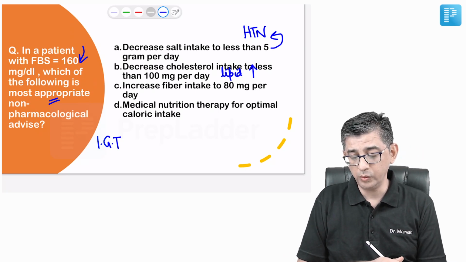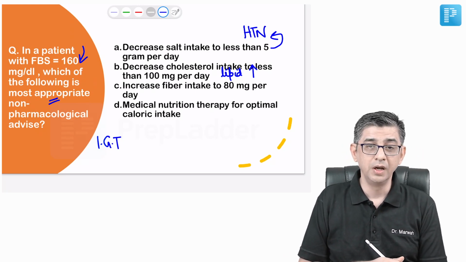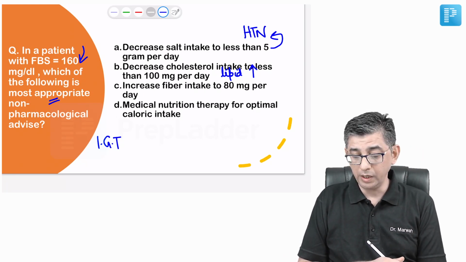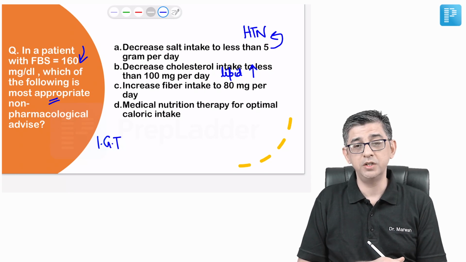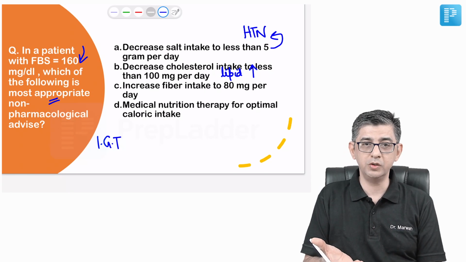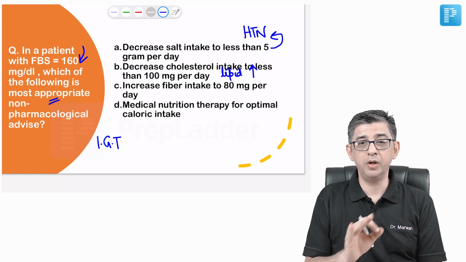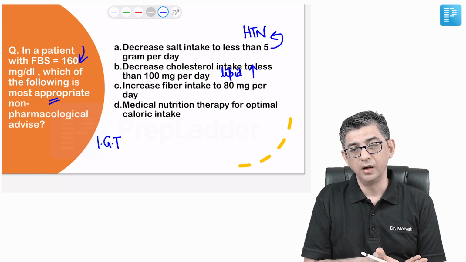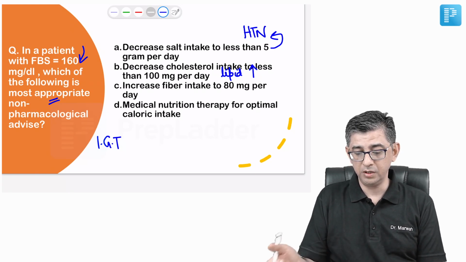I would recommend him to limit the intake of eggs, especially the egg yolk component, and limit his cholesterol intake. So A and B are more valid for hypertension and hyperlipidemia, though yes, hyperlipidemia occurs in diabetes also. But the primary problem in diabetes is carbohydrate. So that is what we need to basically restrict.